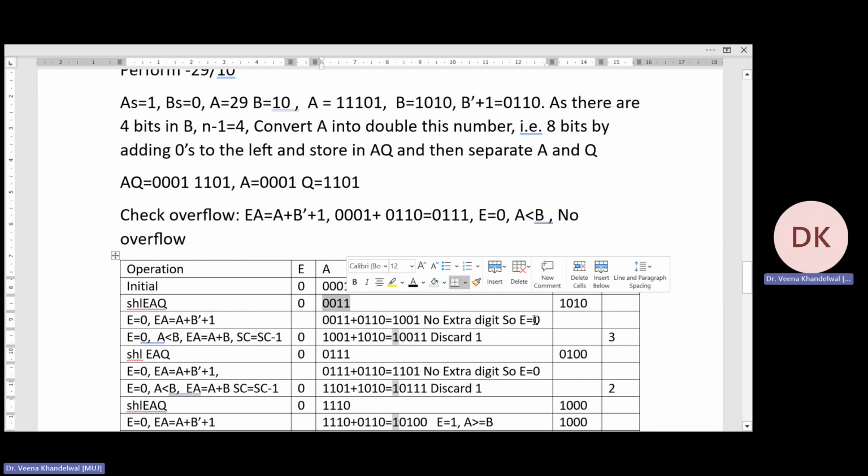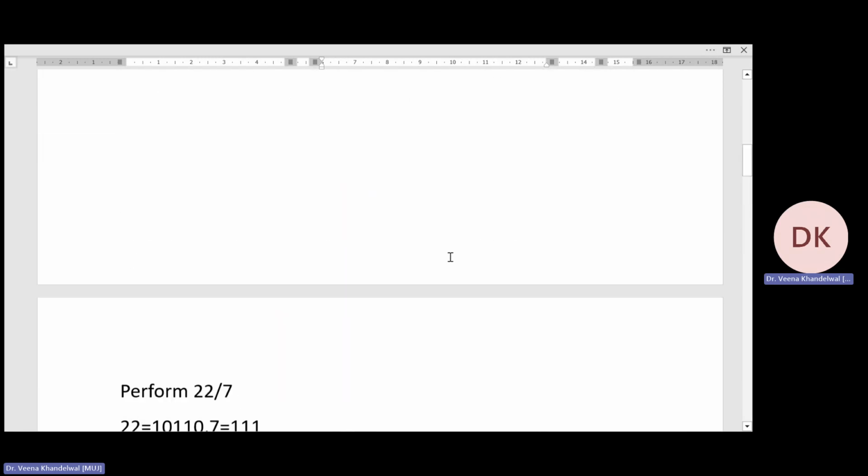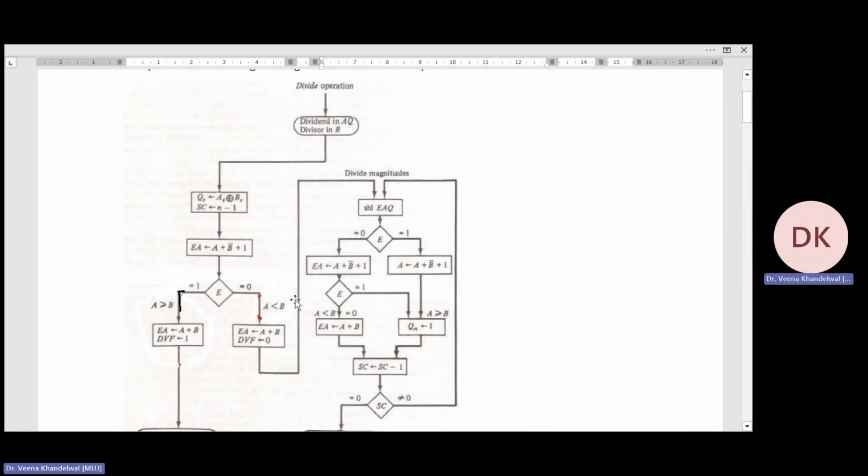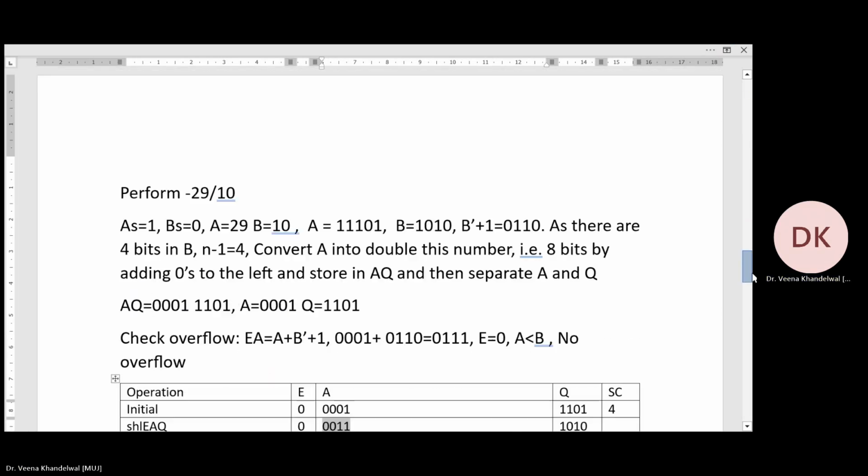And as seen previously, if E is equal to 0 after performing A plus B complement plus 1, this definitely shows that A is less than B. And if A is less than B, what we had done previously, we add A and B and decrement the sequence counter as shown in our algorithm. So we add and then decrement the sequence counter and perform the same operations again and again.